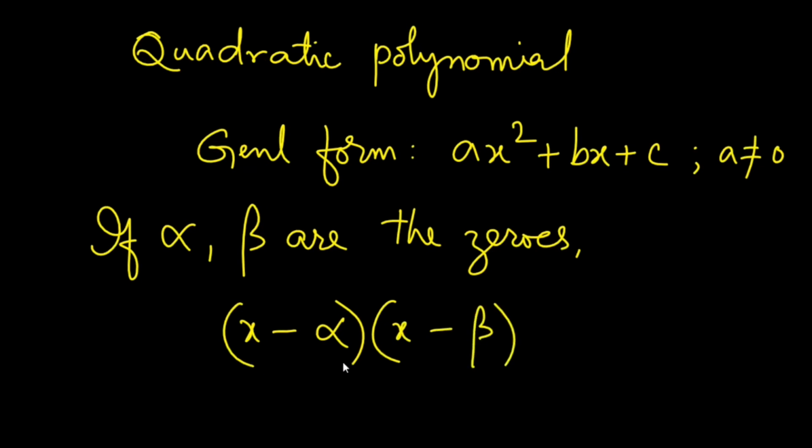X minus alpha is the linear polynomial corresponding to zero alpha. X minus beta is the linear polynomial corresponding to zero beta. There are infinitely many quadratic polynomials having zeros alpha and beta. So the quadratic polynomial becomes k into x minus alpha into x minus beta.